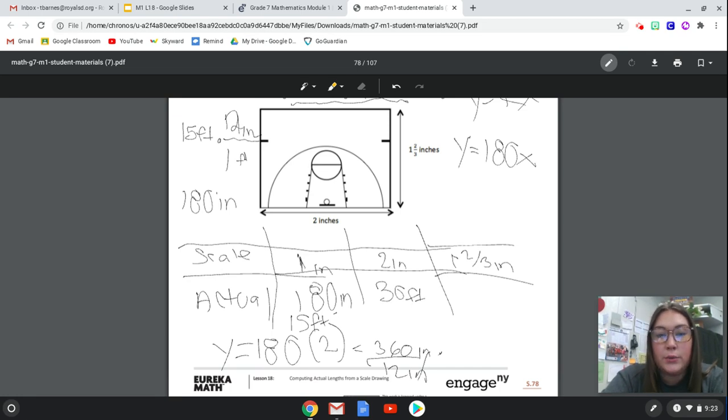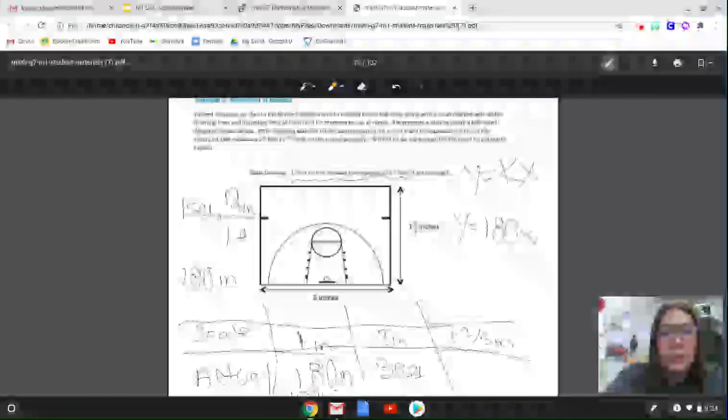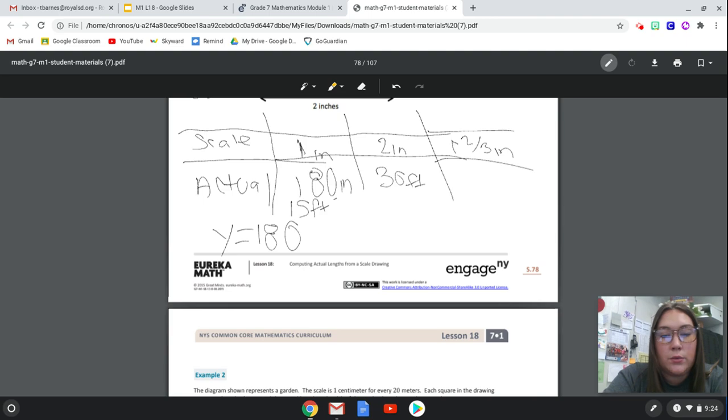Then I'm going to do it again for that next number. So I'm going to take my equation y equals 180x, and for my x, I'm going to plug in 1 2/3. And so I need to then make that an improper fraction.